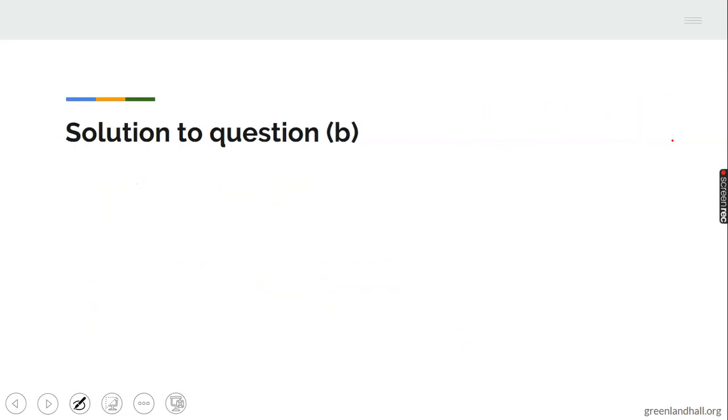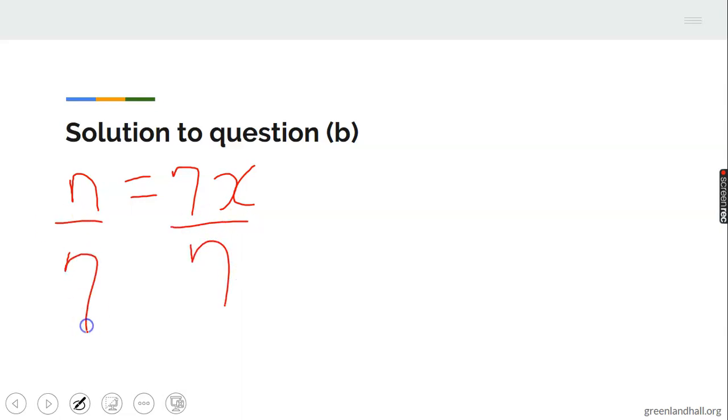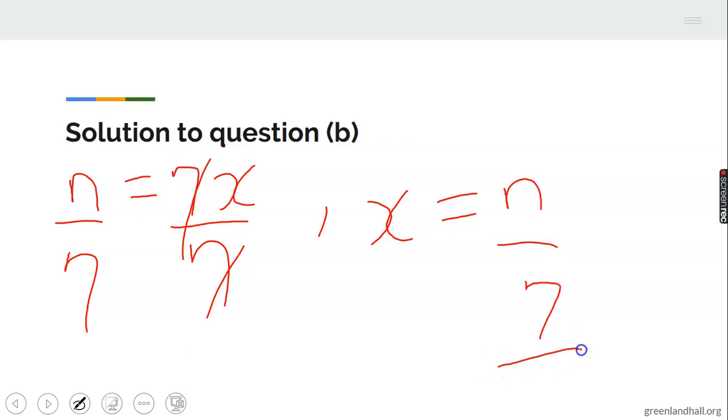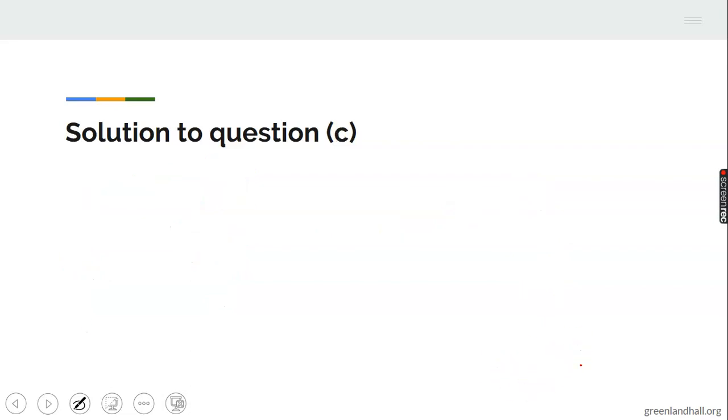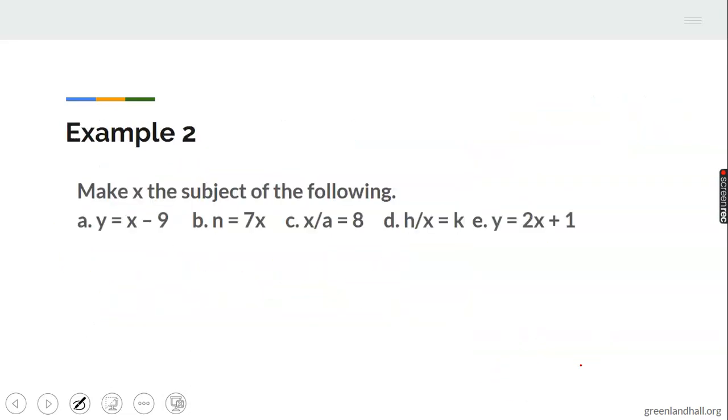N equals 7x. You want to make X the subject of the formula. Divide both sides by 7. That means X equals N over 7. That's all.